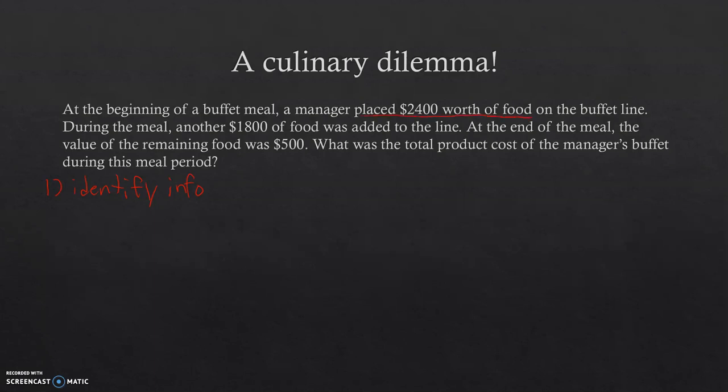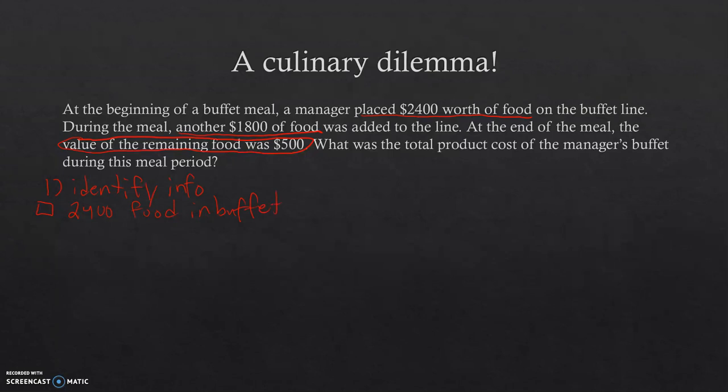So they placed $2,400 worth of food, added another $1,800 of food, and then the value, and I'm going to circle this, of the remaining food was $500. Those are the given pieces of info. So, 2,400 food in buffet. That's our first piece of given.